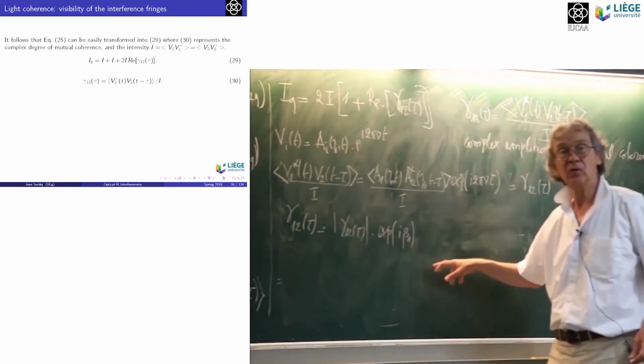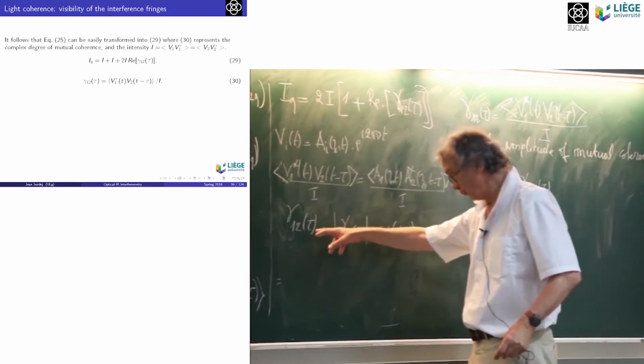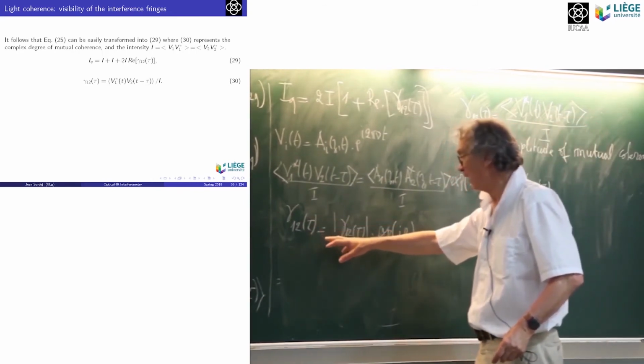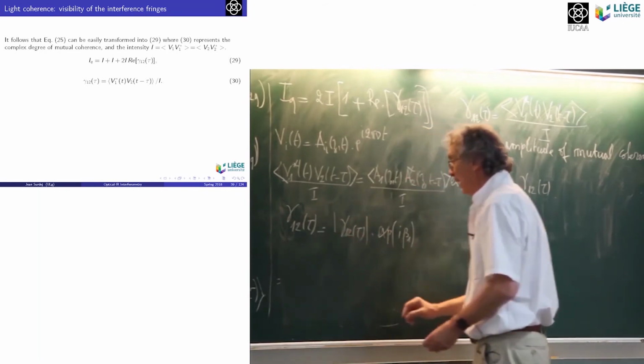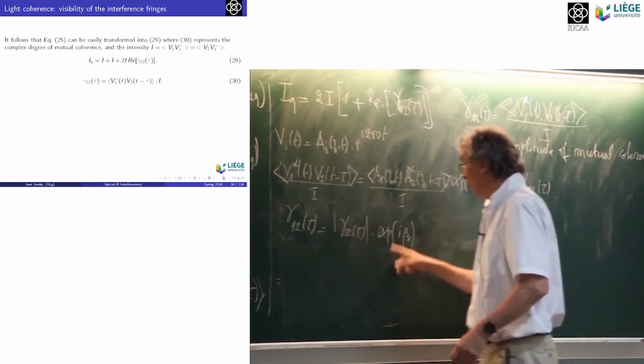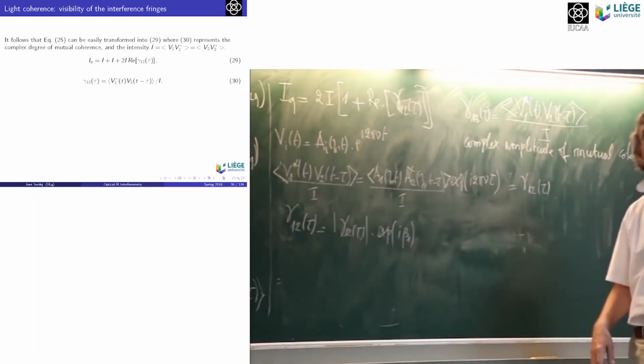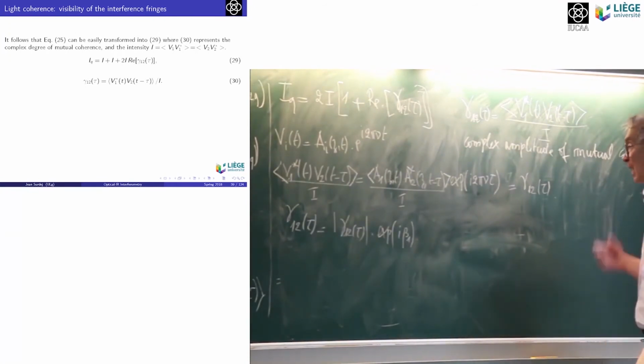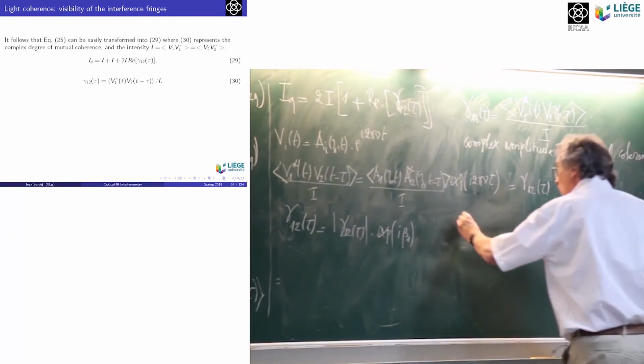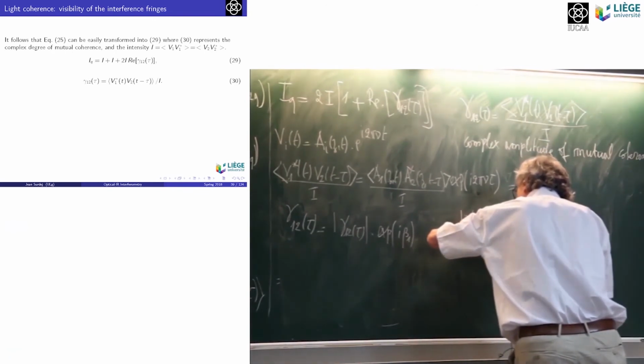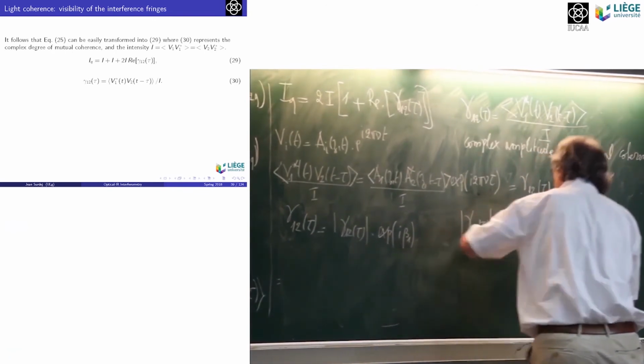That gamma 1, 2 of tau, which is a complex quantity, is equal to its module, multiplied by something in that plane. Okay, but now the module of gamma 1, 2 of tau is equal to what?